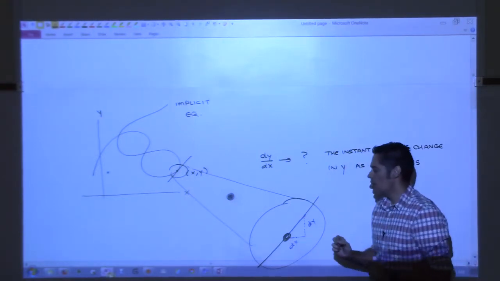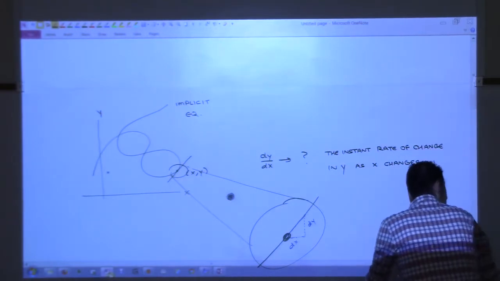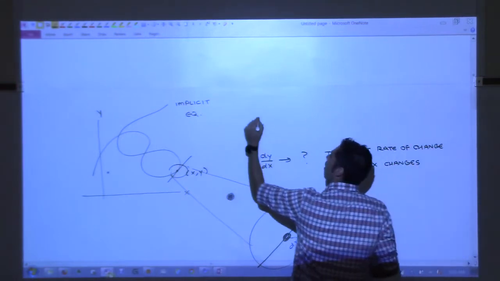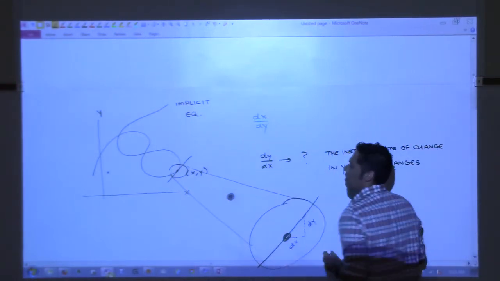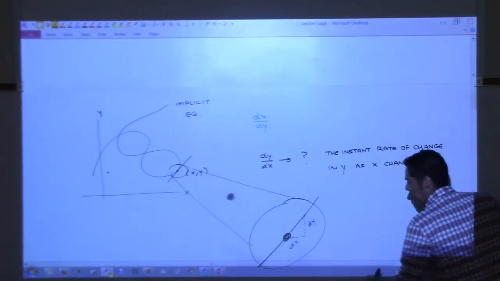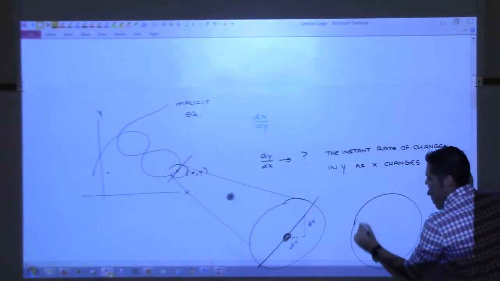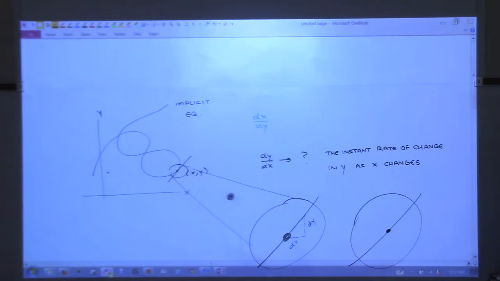Yes? The difference between that and dx/dy is that it's the same picture, okay, but let me draw it this way. It's the same picture, but this time what's changing? Y is changing, right?